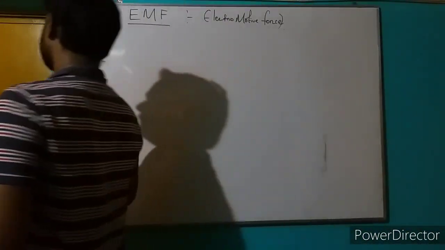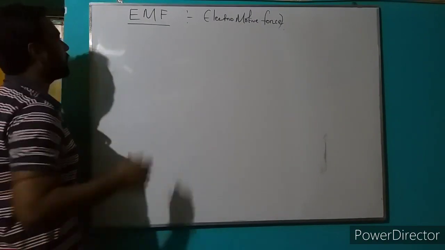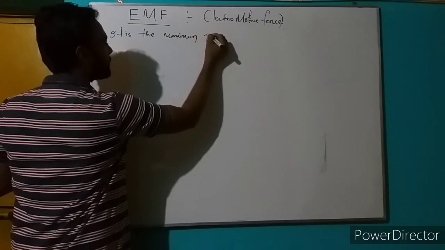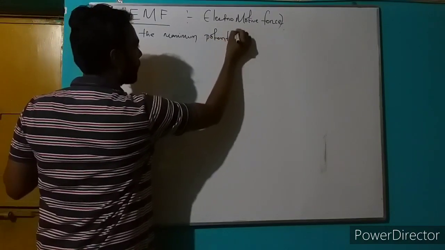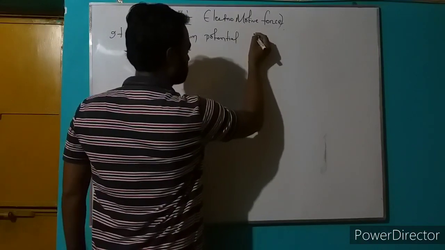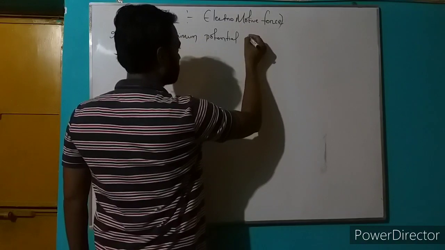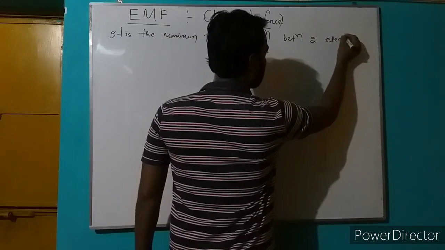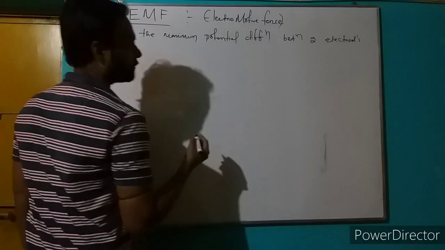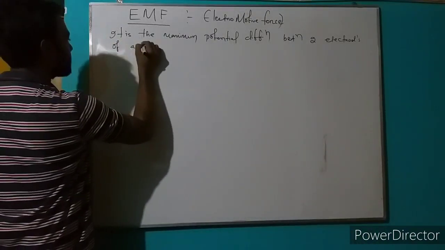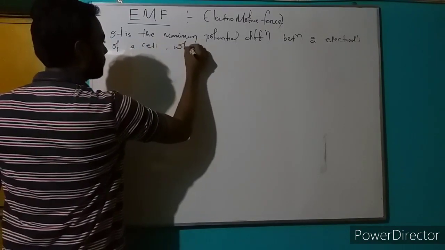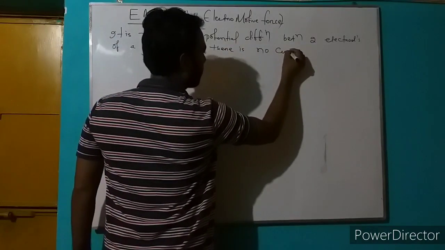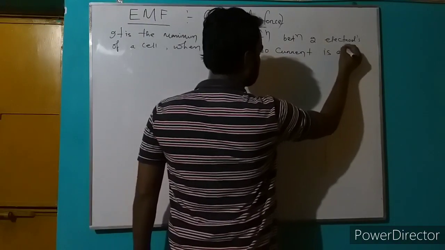So what is the electromotive force? It is the maximum potential difference between two electrodes of a cell when no current is drawn.